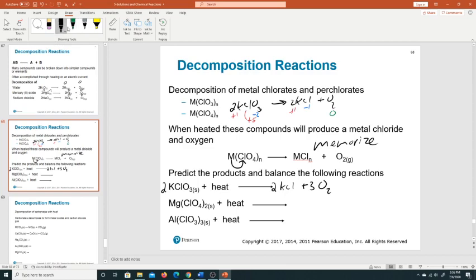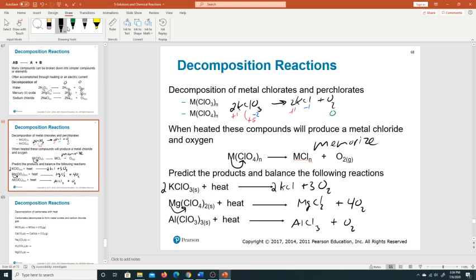Let's take a look at Mg(ClO4)2. Magnesium combines with Cl to make MgCl2 plus O2, and we just have to balance that. There we go. Last one, Al(ClO3)3, gives AlCl3 plus O2. Recall aluminum is +3, therefore chlorine has to be -1, so we need 3 chlorides.